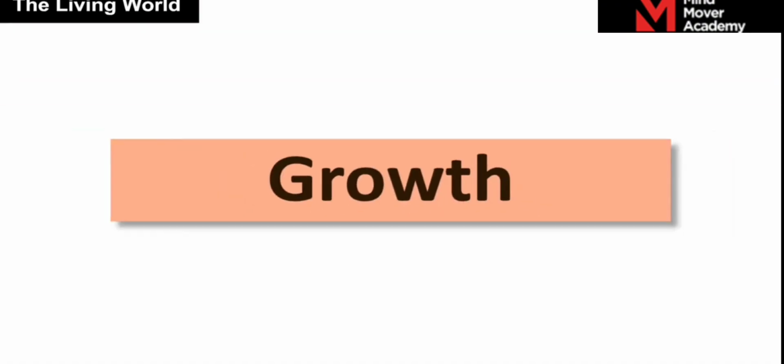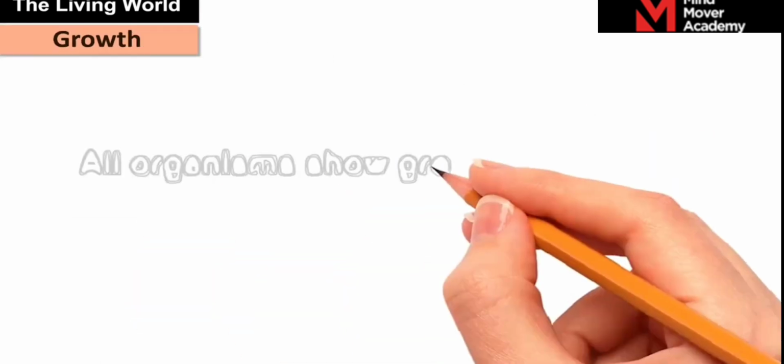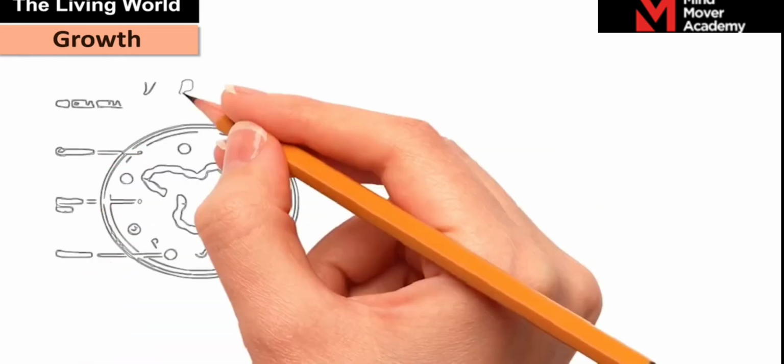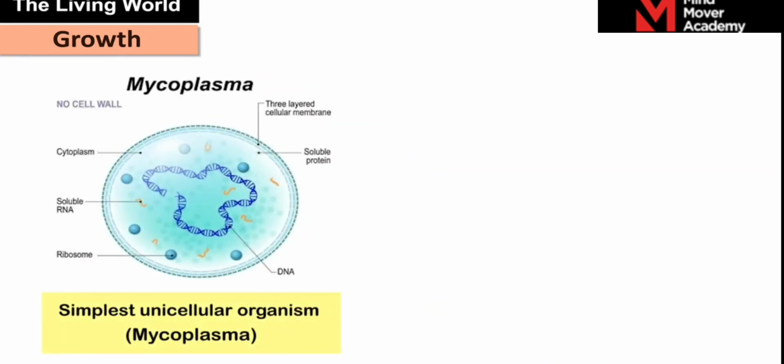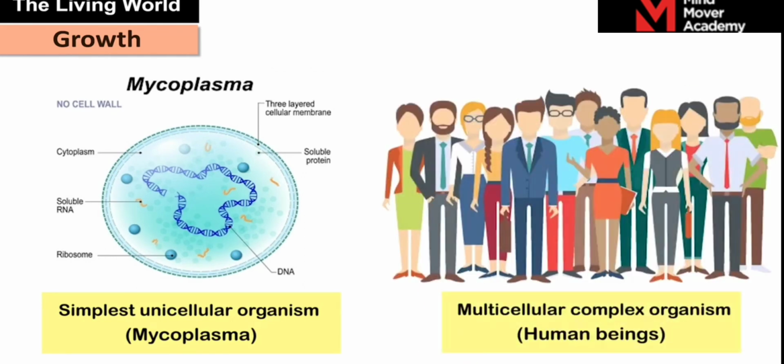Now if we talk about the next characteristic, then we have growth. So all the organisms show growth, ranging from the simplest unicellular organisms like the mycoplasma to the multicellular complex organisms like the human beings. They show growth by increasing in mass or by increasing in number.